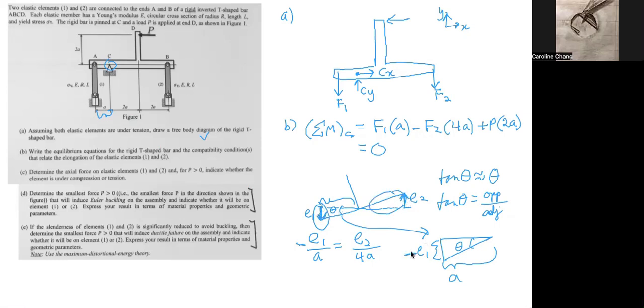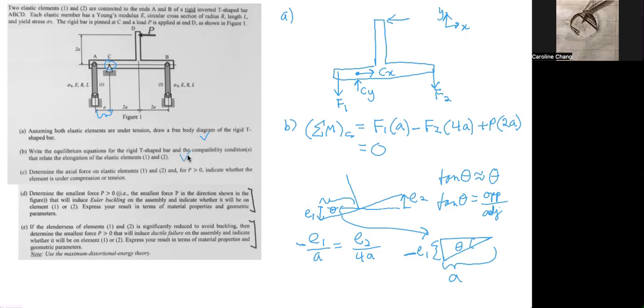So we will have negative E1 over here instead of positive E1, and that will give us our negative value over here, which checks out. So now we have our elongation equation.